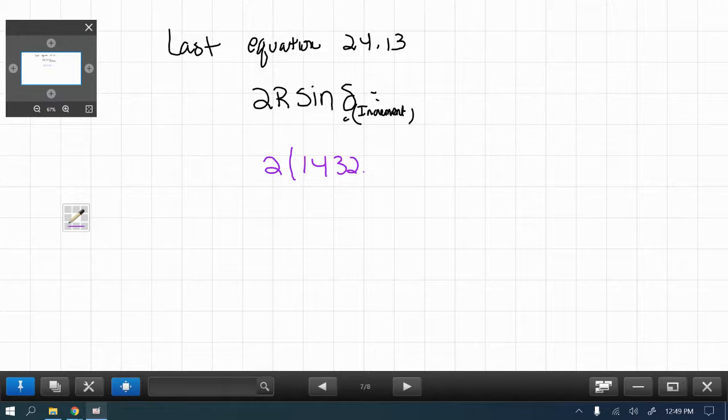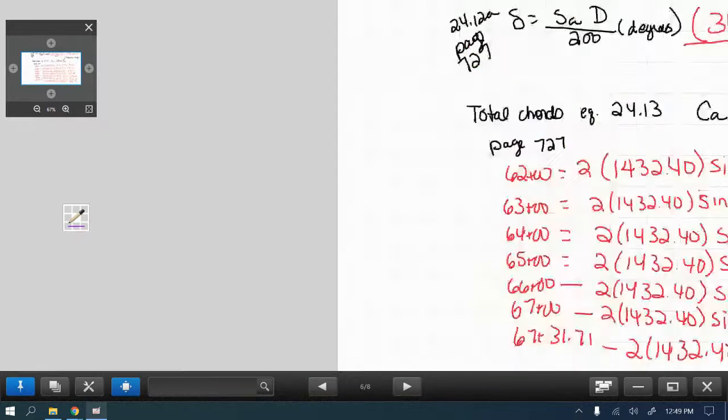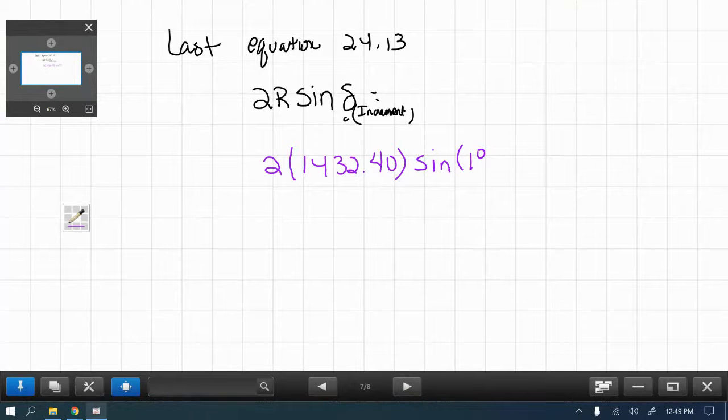I think we got 40 here. And this is going to be your deflection increments, which is that 1 degree 31.56, which we should get the same thing. I think I had 131.57. Okay, that'll be the first one.